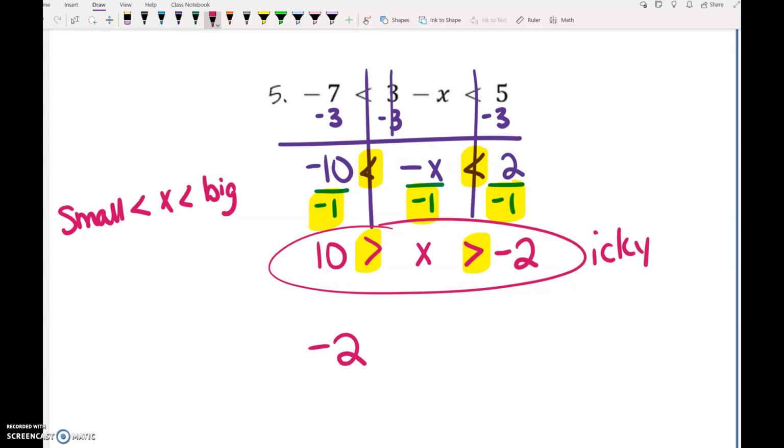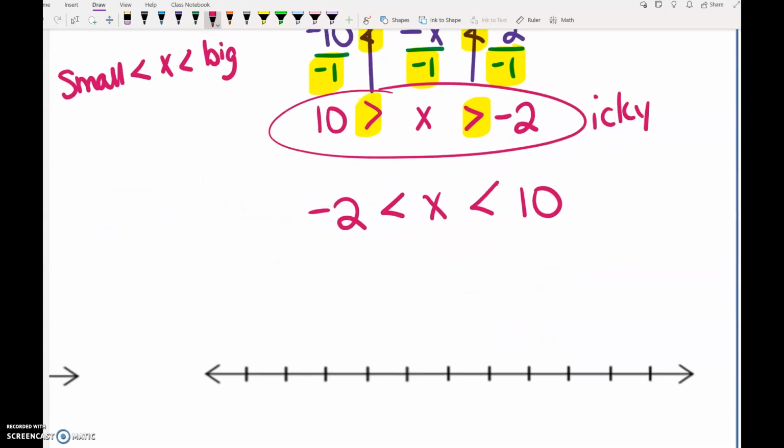So put your -2 on the left, put your 10 on the right, x in the middle. You're basically just taking this thing, picking it up off the paper, spinning it around, and setting it back down. So between the -2 and the x, the symbol is eating the x. Between the x and the 10, the symbol is eating the 10.